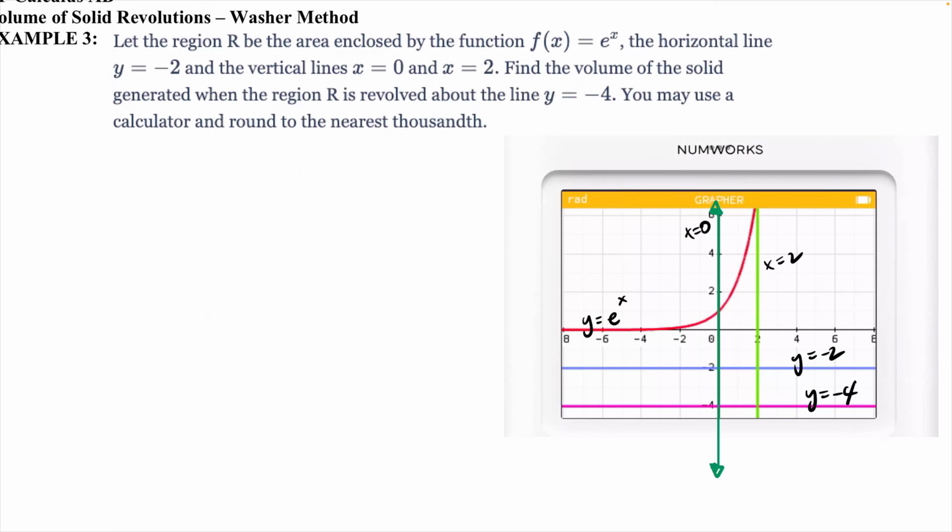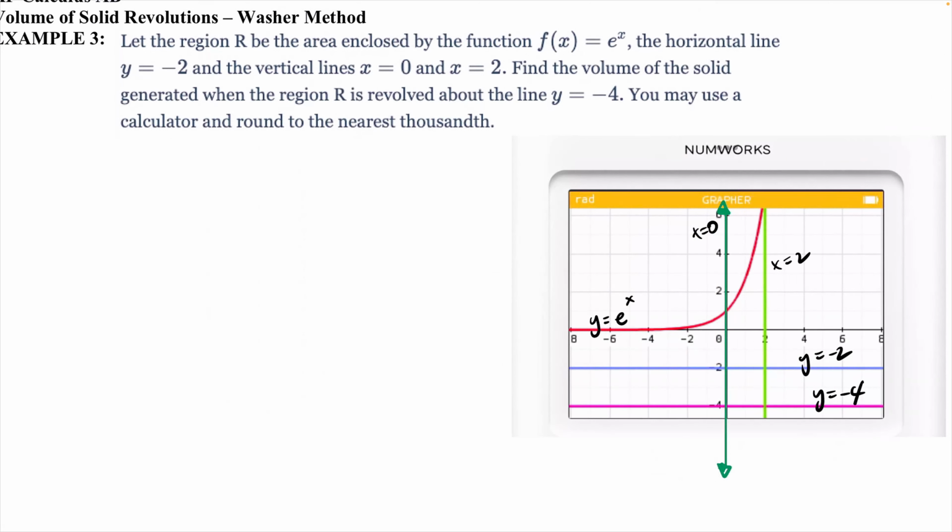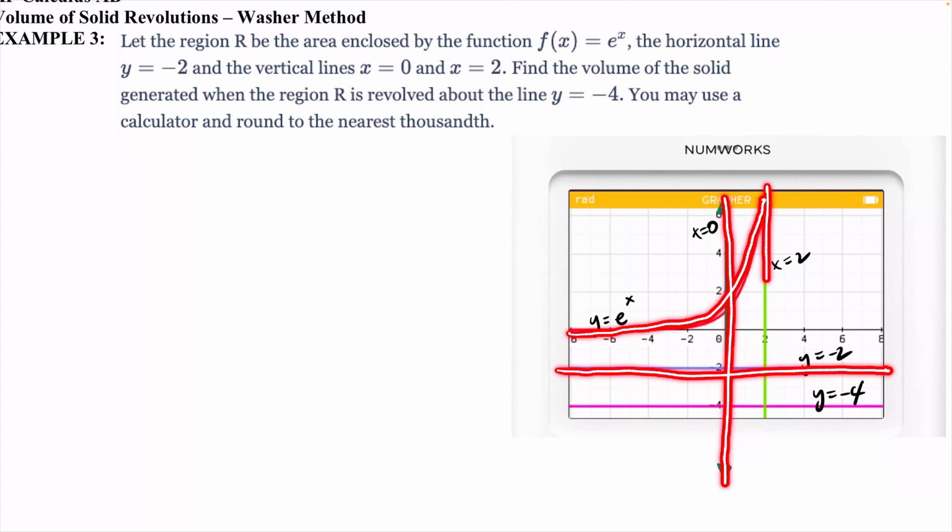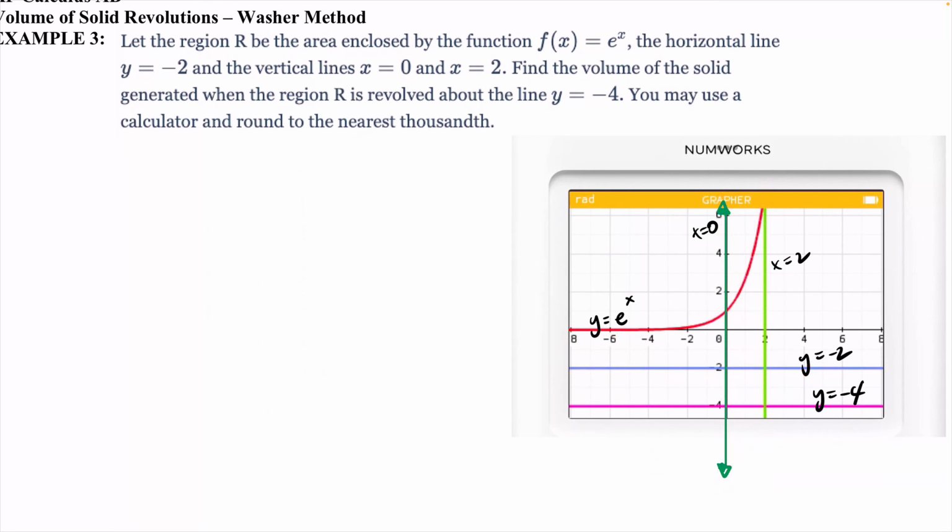Okay, I'm not going to do the problem yet, but here's the graph, finding the enclosed area too. So the enclosed area, the shaded part, goes from the curve, y equals -2, and the vertical lines x equals 2 and x equals 0. So the shaded area is going to be this part here. That's going to be where the shaded region is.